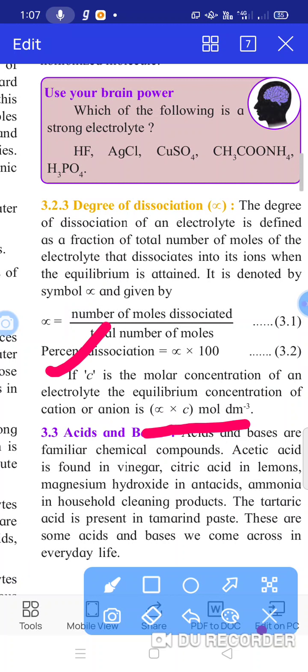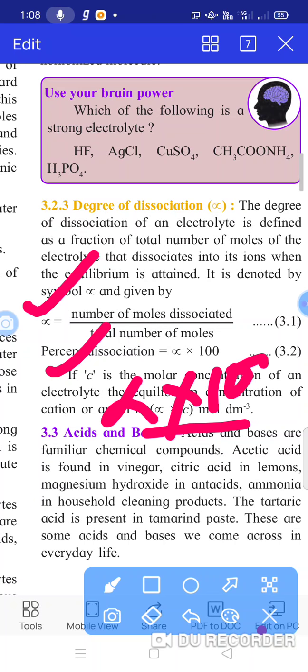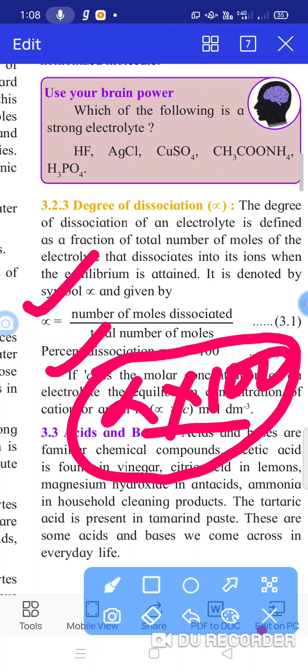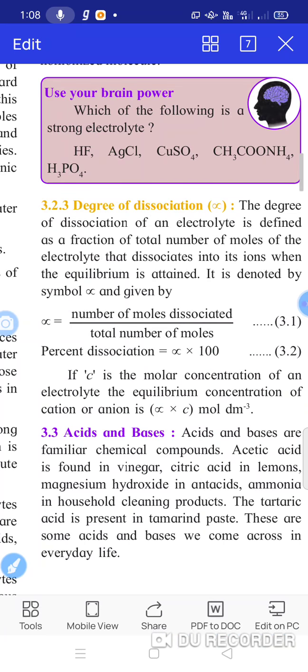So what is the degree of dissociation? Degree of dissociation is the ratio of the number of moles dissociated to the total number of moles. And what is the percentage dissociation? Percentage dissociation is given by alpha into 100. So the degree of dissociation multiplied by 100 is the percent dissociation.